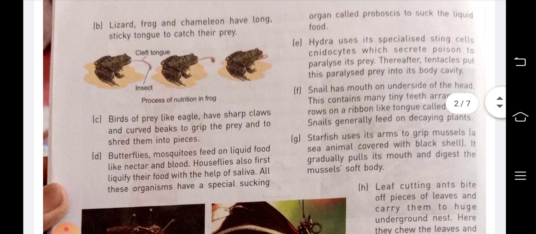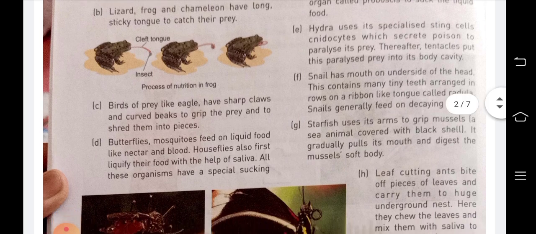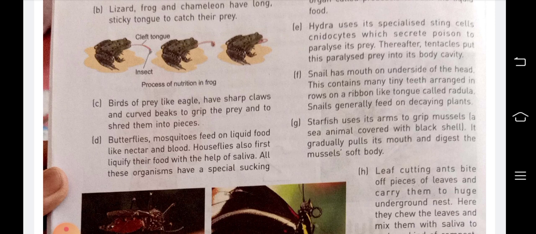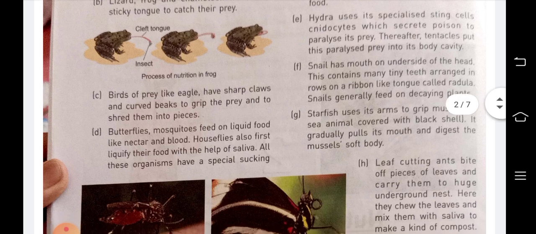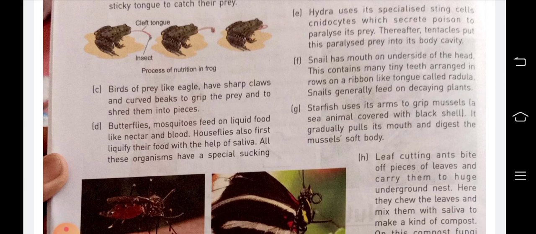The sting cell is known as cnidocyte. With the help of this, they secrete poison by which the prey gets paralyzed, and then it is pushed inside the body cavity.